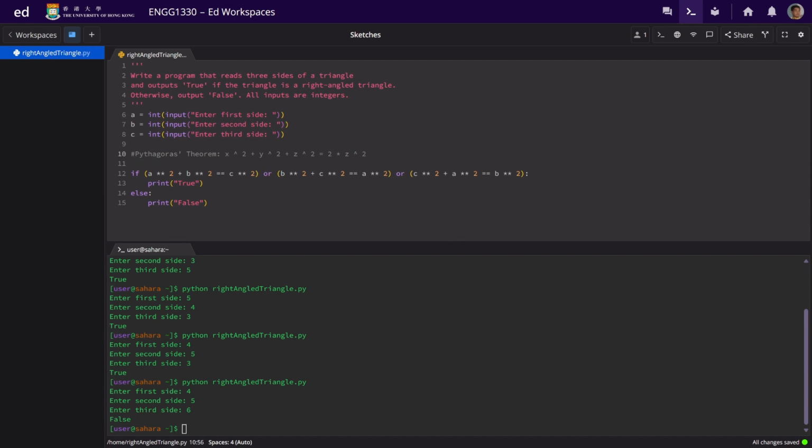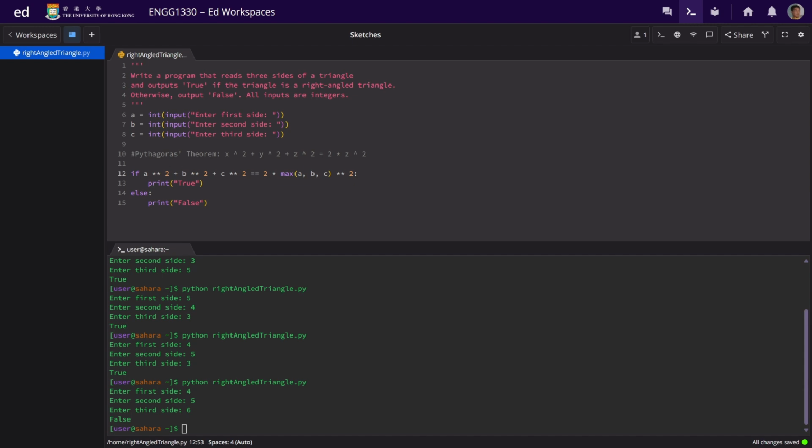So we could try implementing this. Square of a plus square of b plus square of c equals twice the maximum of a, b, and c squared.